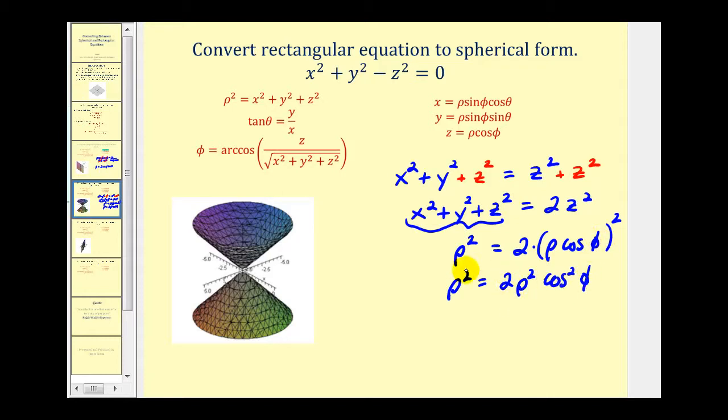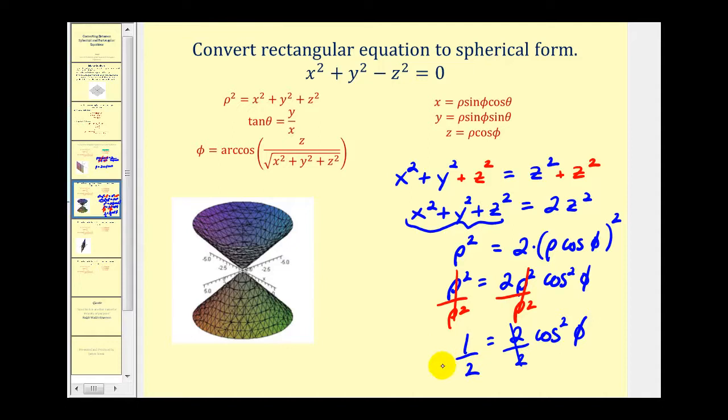Now if we divide both sides by rho squared, this simplifies to 1, this simplifies to 1. So we're left with 1 equals 2 cosine squared phi. Now let's divide both sides by 2. So now we have cosine squared phi is equal to 1/2.